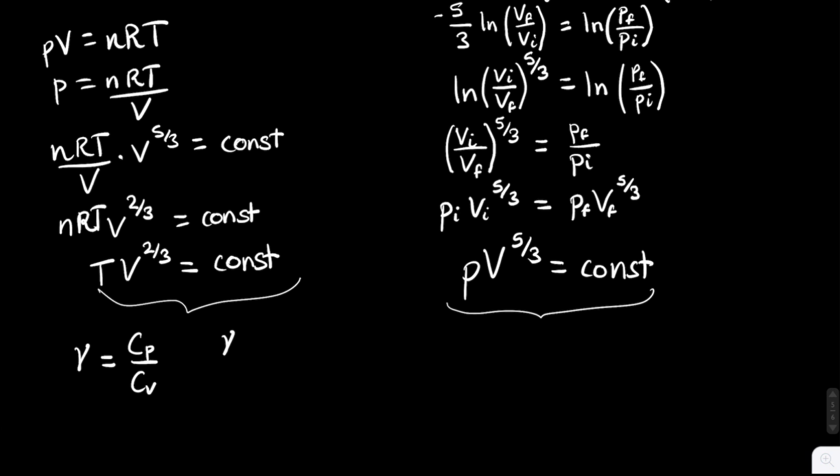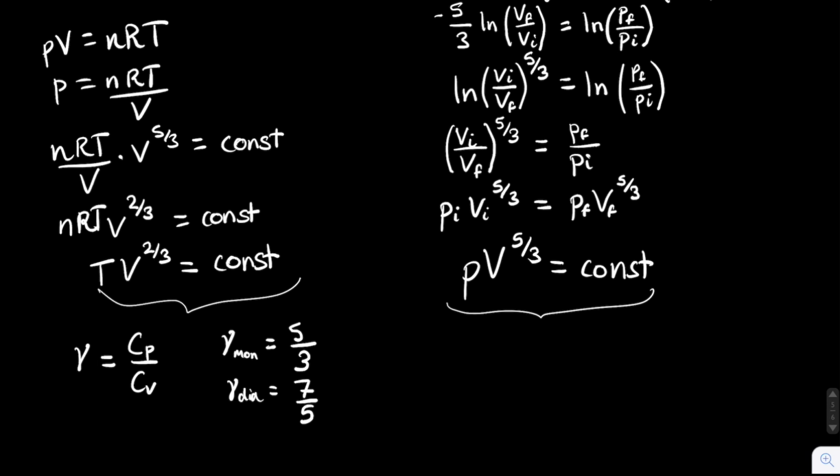So I'll just write this out. Gamma for a monatomic gas is 5/3. Gamma for a diatomic gas is 7/5. And the reason for that is you have 2 extra degrees of freedom for a diatomic gas, which therefore ups all the values by 2. So 5 becomes 7 and 3 becomes 5.